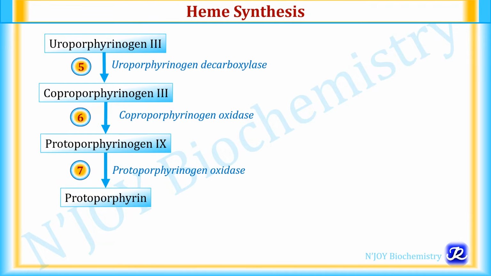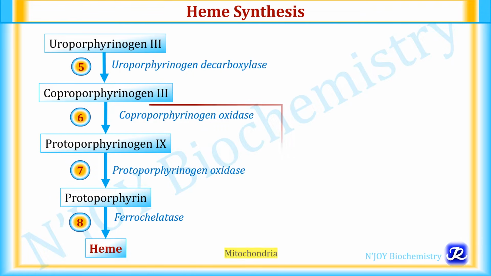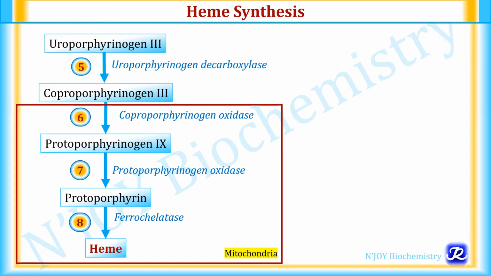In the seventh reaction, there is formation of protoporphyrin by protoporphyrinogen oxidase. And in the eighth reaction, that is the last reaction, iron is incorporated in the protoporphyrin by the action of enzyme ferrochelatase, and thus there is synthesis of heme. Thus reactions number 6, 7 and 8 occur in the mitochondria.